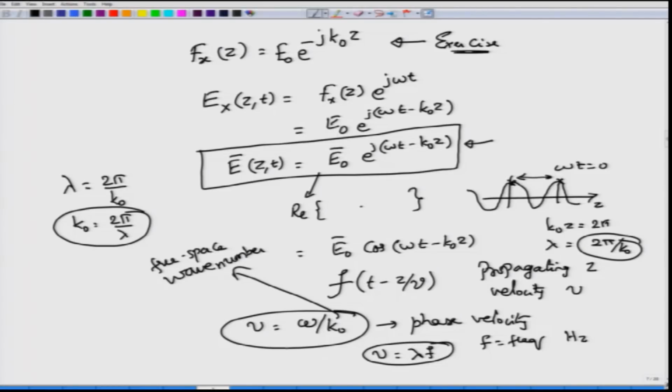Of course, in free space v is equal to c, because if you substitute the value of k0 into the ratio omega by k0, the velocity v turns out to be c itself. So this is how we have a wave propagating along the z axis, with its electric field component along the x direction.